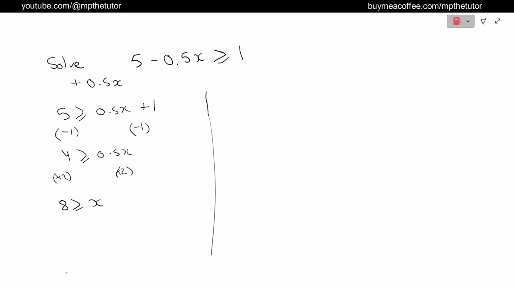Now that's one way to go about it. But let's go with 5 minus 0.5x arrow line 1. Now, I've got a minus 0.5x. So what I can do is times by minus 1 to everything, and it flips all the signs.